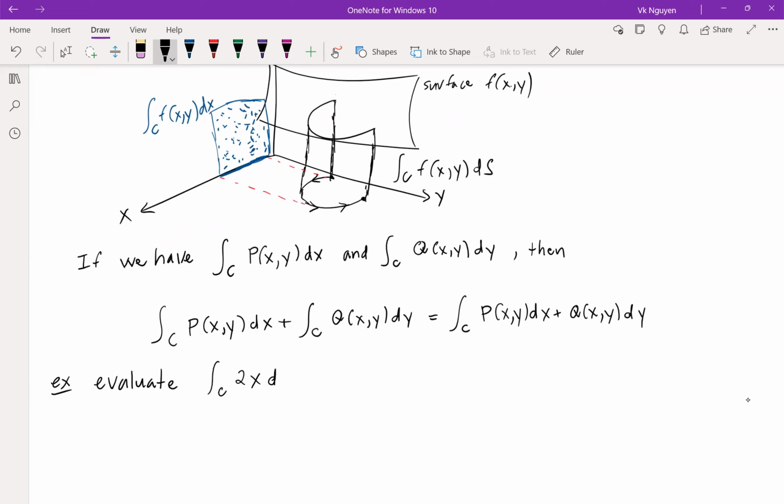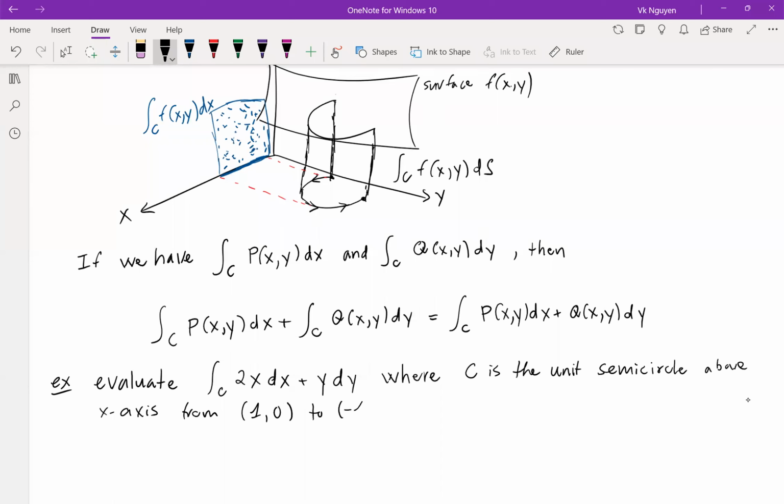Integral over C of 2x dx plus y dy, where C is the unit semicircle above the x-axis from (1, 0) to (-1, 0).